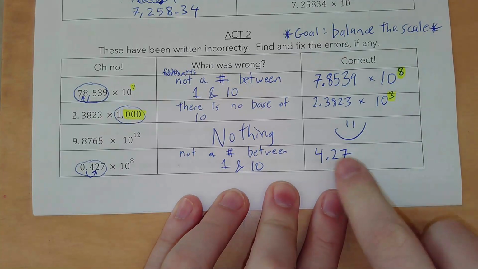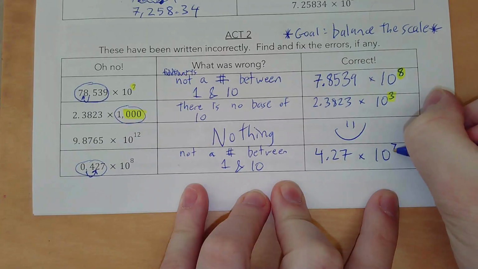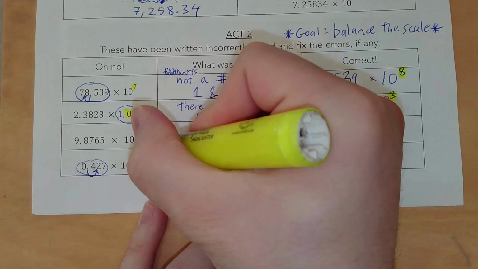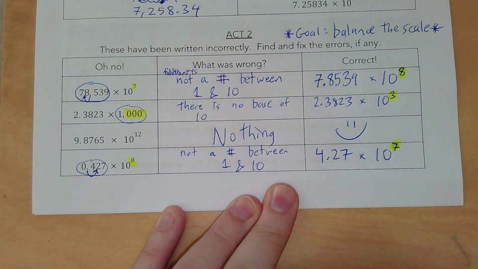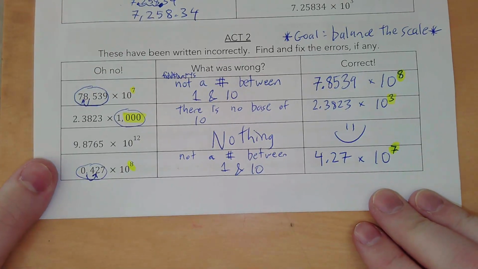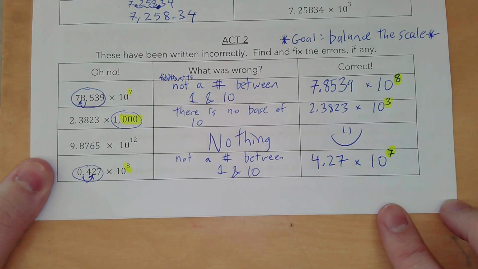Since we make the number bigger, we're going to balance the scale by making the exponent smaller. So since it was an 8, it's now a 7. Okay, now's the time to ask any questions if you have any.